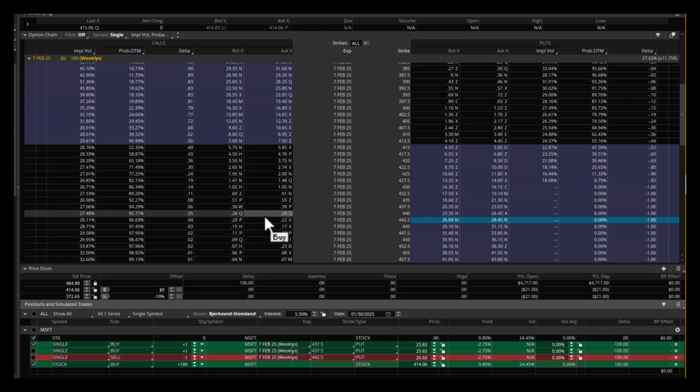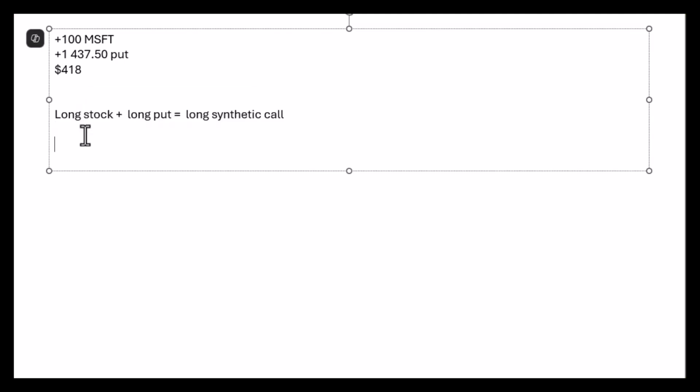So basically, you're going to look at the carry cost. This is going to help you to understand where you might be getting assigned on a short put and where technically the correct thing to do is to actually assign. Now if you're long in the money put and you're not long stock against it, your carry cost is going to change a little bit as a retail customer.